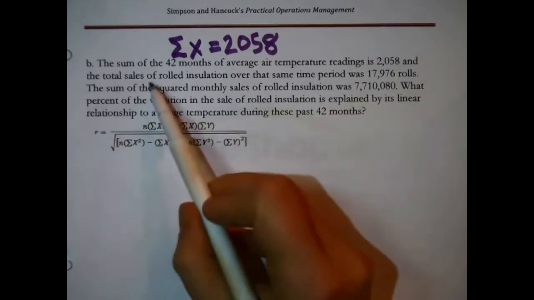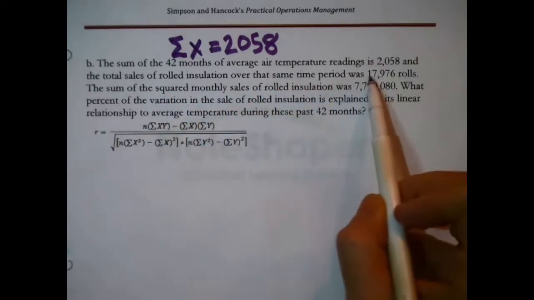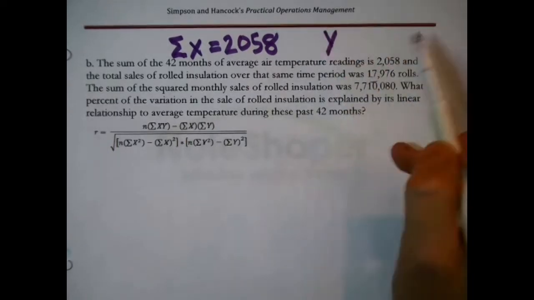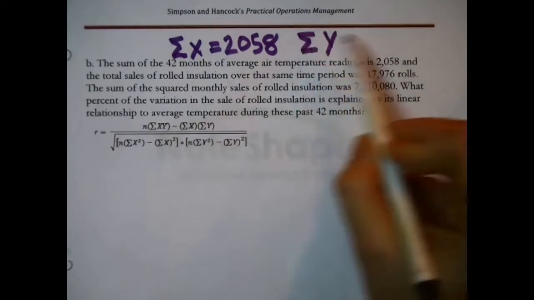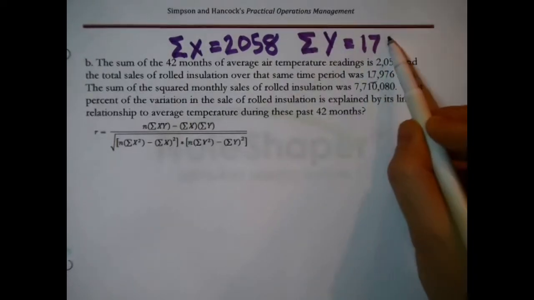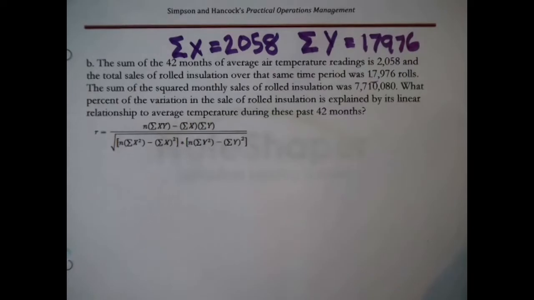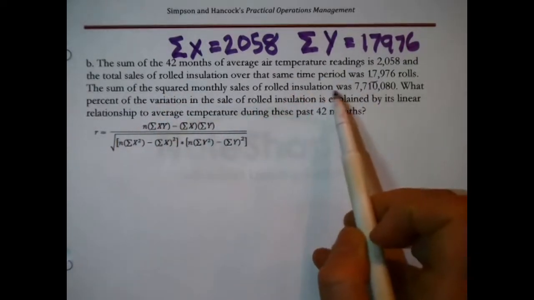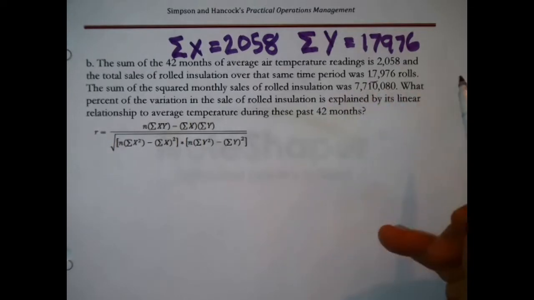And the total sales of rolled insulation over the same period is 17,976. Y, monthly sale, we're adding them all up. This is another summary statistic, 17,976. The sum of the squared monthly sales of rolled insulation is a very large number.